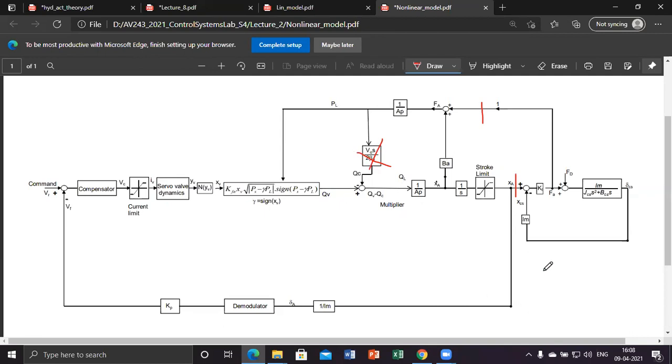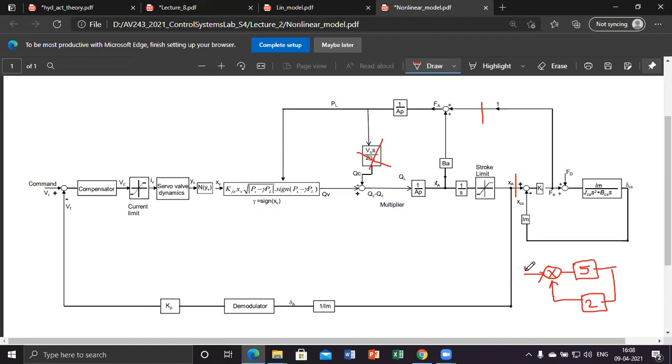The simplest case is, say, if you want to simulate a very simple expression, I will put a gain of 5 here. Take the output. I'll put a gain of 2 and feed it back.